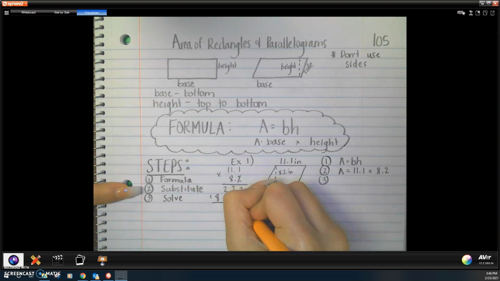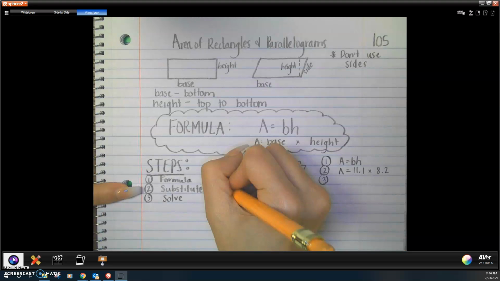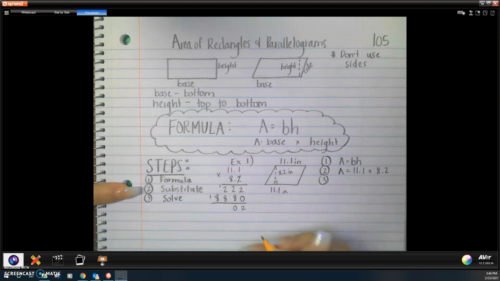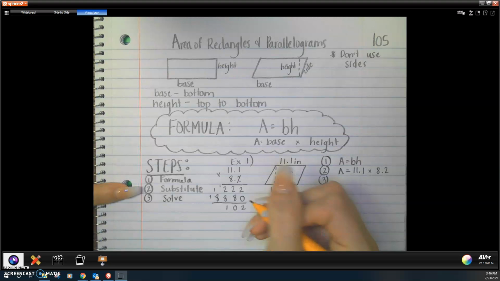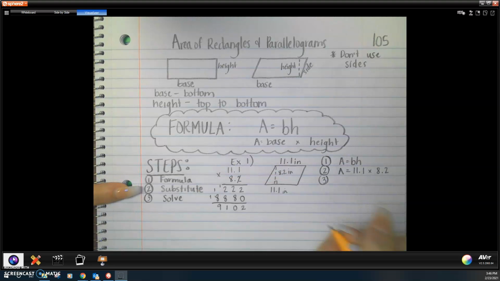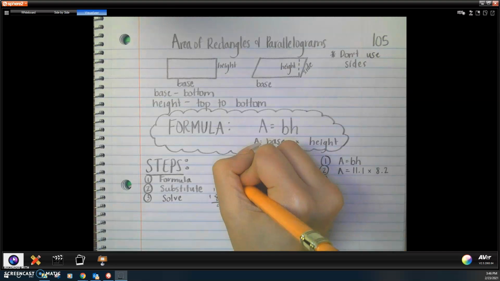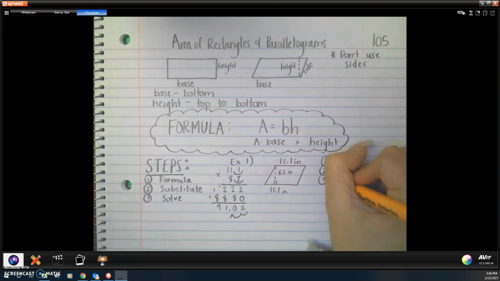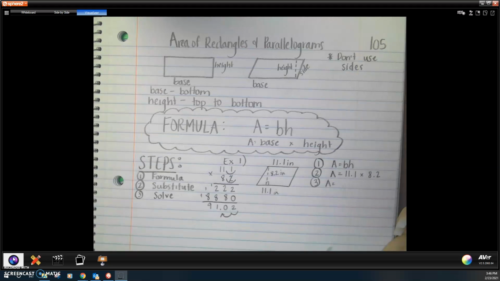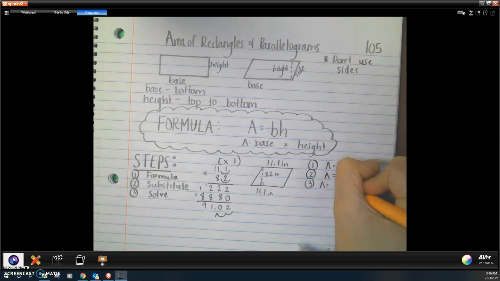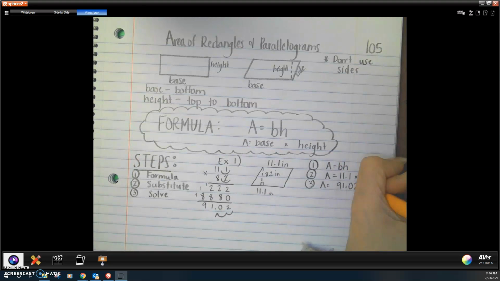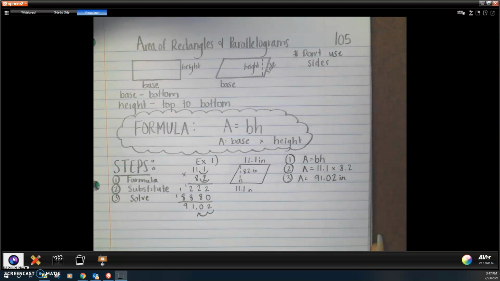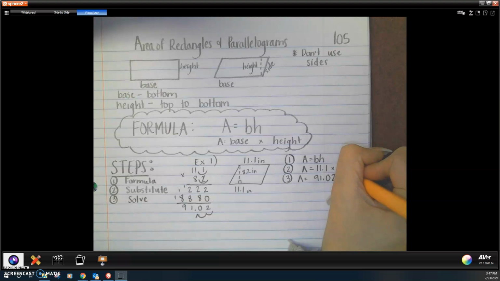We add. 2 plus 0 is 2. 2 plus 8 is 10. 1 plus 2 is 3, plus 8 is 11. And 1 plus 8 is 9. And then we're not done. We still need to move the decimal. 1, 2, 3. So my area would equal 91.02 inches. And then area is always square, so we would use an exponent of 2.